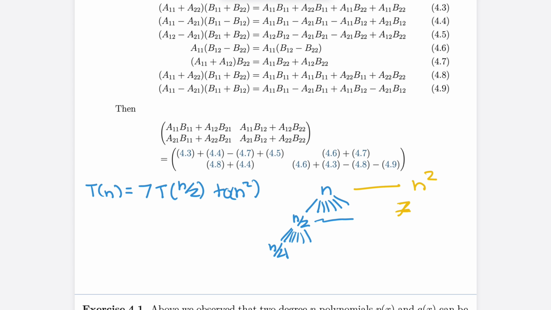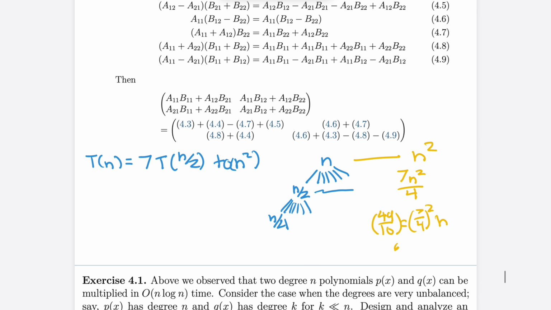It's getting squared, which is where the 4 comes in, because it's n over 2 squared times 7. So you'll get 7 n squared over 4. And then what would the next row be? I think it'll be 49 over 16, which is 7 over 4 squared times n squared. So in general, you're going to get 7 over 4 to the i times n squared.